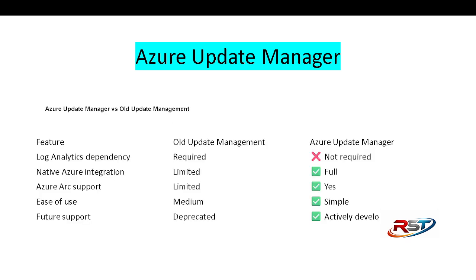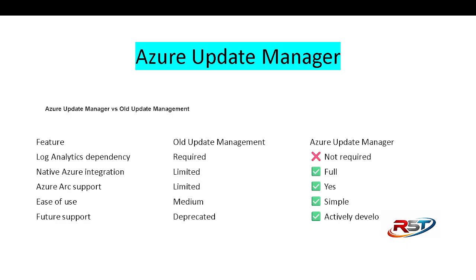Azure Update Manager versus old Update Management. Features: log analytics dependency. For the old Update Management it is required. Azure Update Manager does not require it; without log analytics configuration it will also manage.